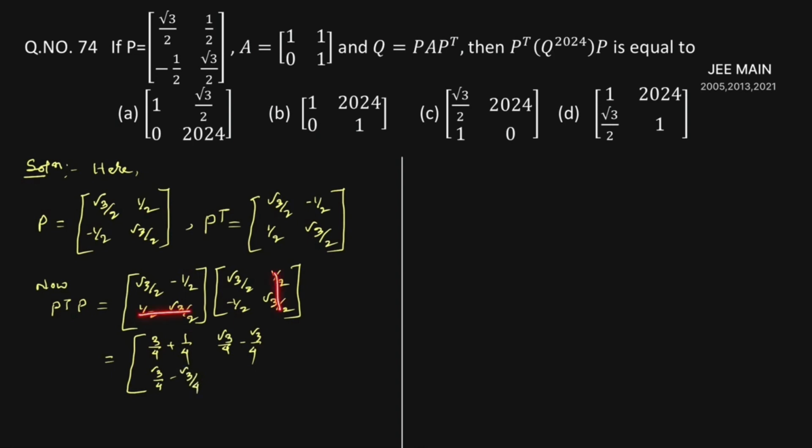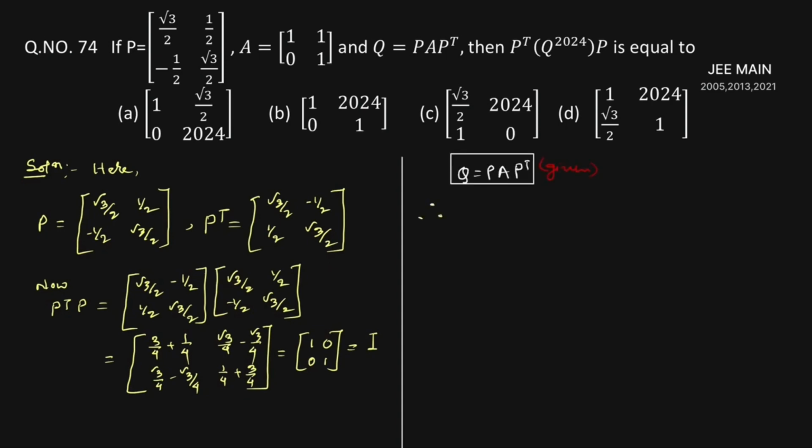Second row second column is equal to 1 by 4 plus 3 by 4. If we simplify this, then we will get 1, 0, 0, 1, which is identity matrix. Now it's given that Q is equal to P A P transpose.